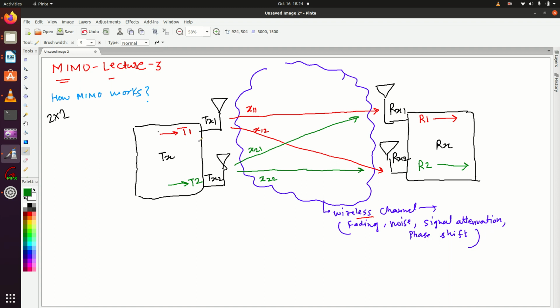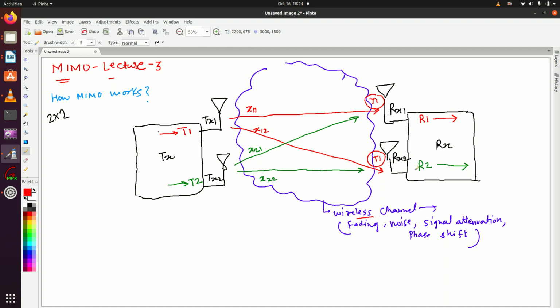So at RX1 we are receiving T1, let me highlight it with red color. At the RX1 antenna I am receiving signal T1, and at RX2 also I am receiving signal T1. But for RX2, T1 is of no use.